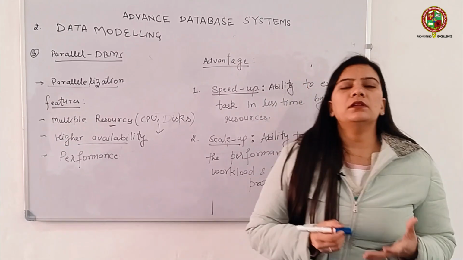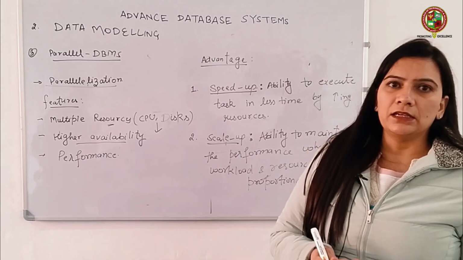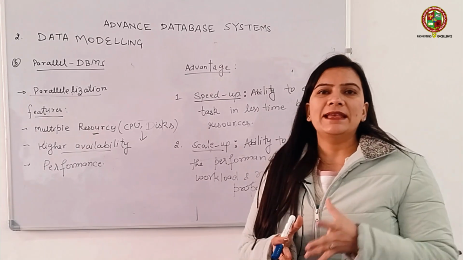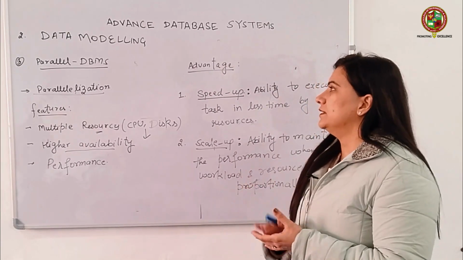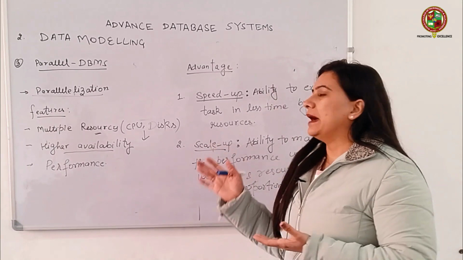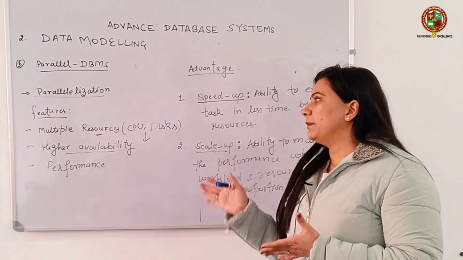Since we know the workload is increasing, the amount of data is increasing day by day, and we require less time. So to effectively access the database, we must use such a kind of structure which is parallelized, which we can use parallelly.